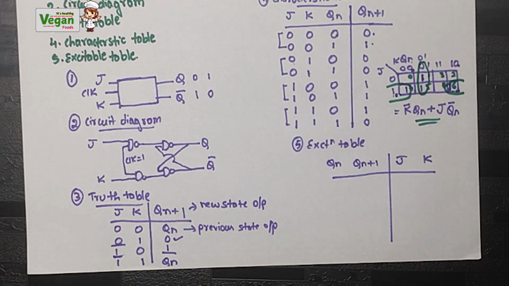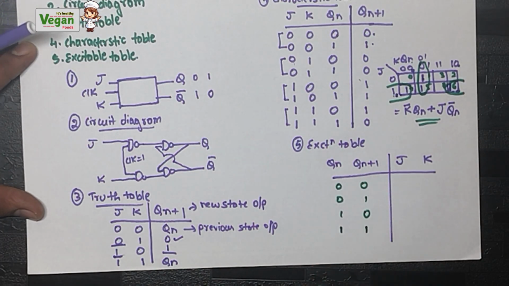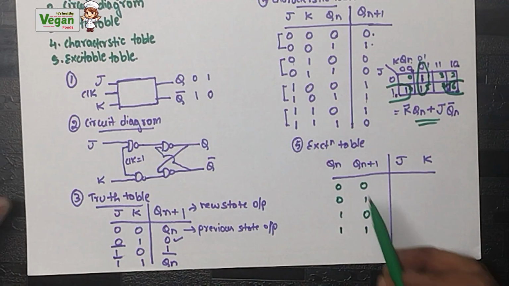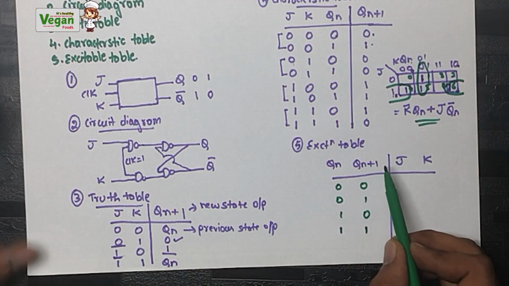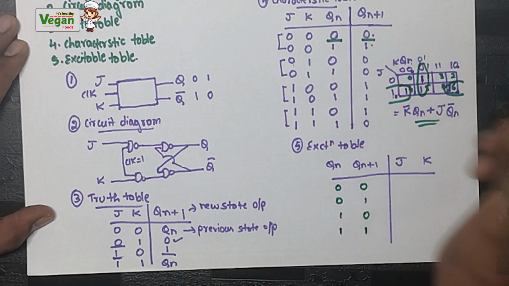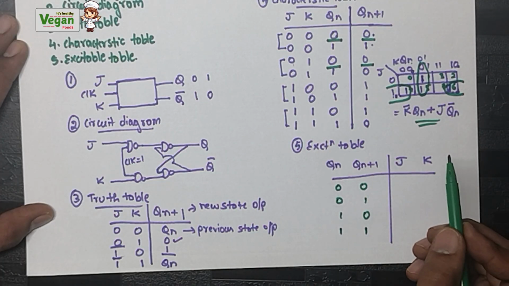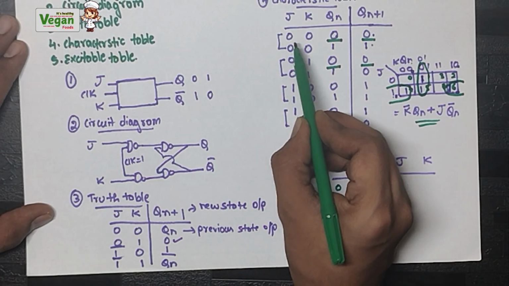Now see, since we have two inputs, what will be the combination? 0 0, 0 1, 1 0 and 1 1. See, when Qn value is 0 and Qn plus 1 value is 0 in the characteristic table, Qn value is 0, Qn plus 1 is 0. Another Qn is 0, Qn plus 1 is 0. So see the J and K value.